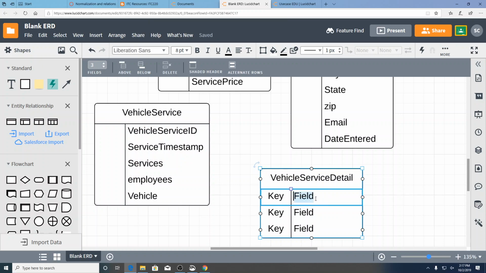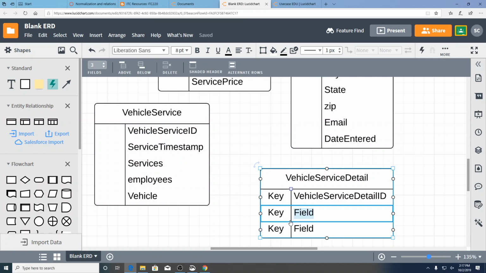I'm going to give it just an ID, vehicle service detail ID. You can catch this little blue thing and stretch it. It's also going to have a vehicle service ID. Does that make sense to you? Because we need to tell what service it belongs to.